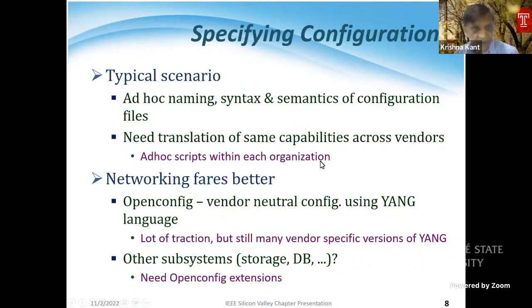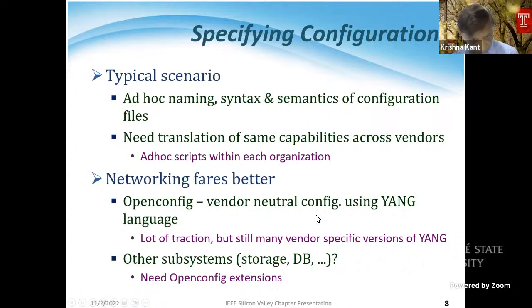Traditionally, configurations were specified in a configuration file using ad hoc naming, ad hoc syntax, and ad hoc semantics. That caused a lot of headache to people, especially if you have to deal with products from multiple vendors. So there has been a movement, particularly in the networking community, called OpenConfig.